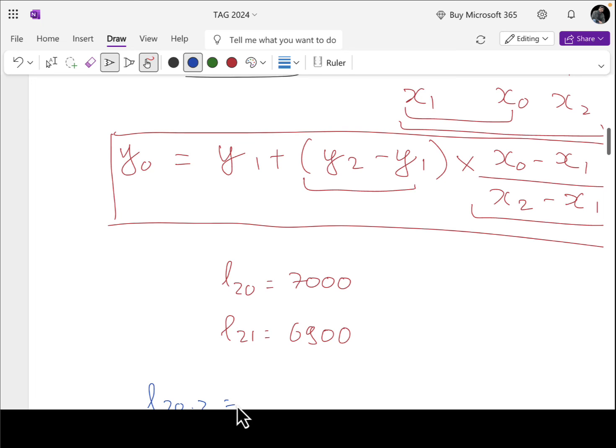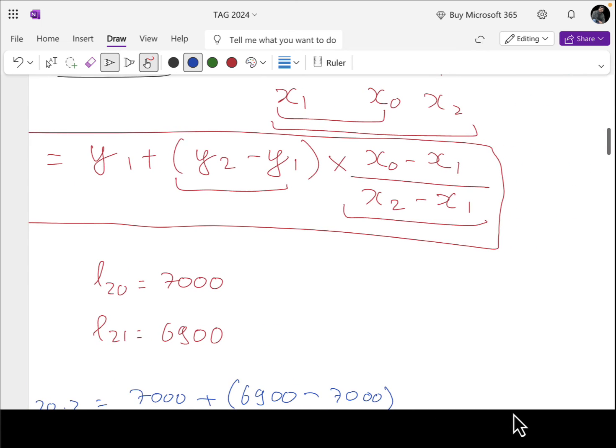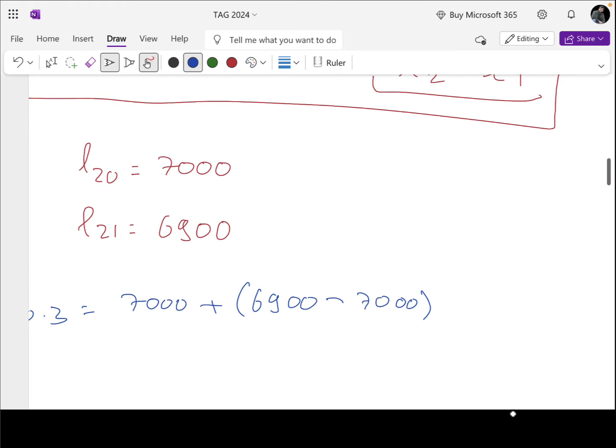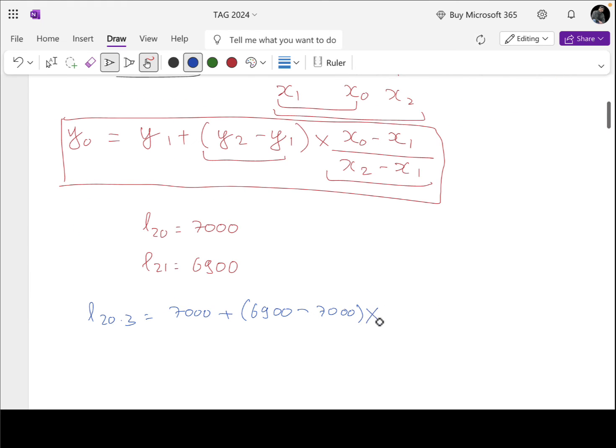How do I apply this formula? Well, I have to start at 7,000, right, which is your y1. So 7,000 plus y2 minus y1, which is 6,900 minus 7,000. This is the entire distance that I have to cover, right? But I want to cover only a proportion of it, right? So what is the proportion of it that I want to cover?